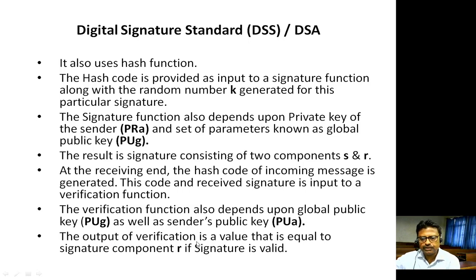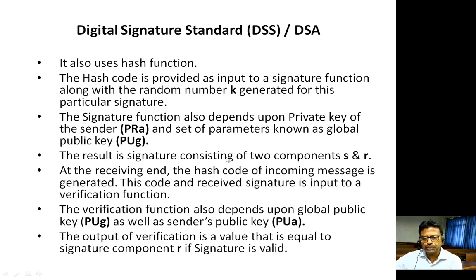The output of the verification is a value that is equal to the signature component R. If it matches, the signature is valid and the message is accepted. If the value R is different, it is rejected.